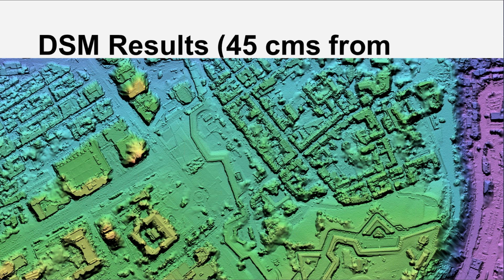This is a DSM generated from the previous slide at 45 centimeters. We can clearly see where the buildings are, where the elevations are, and from there, where the road build-outs are, and various other features here.